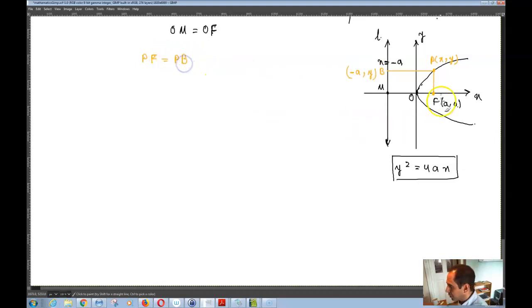Now, if you use the distance formula, AB is equal to the square root of (x2 minus x1) whole squared plus (y2 minus y1) whole squared.